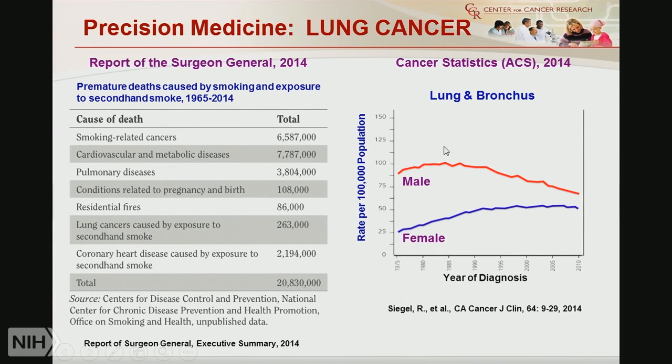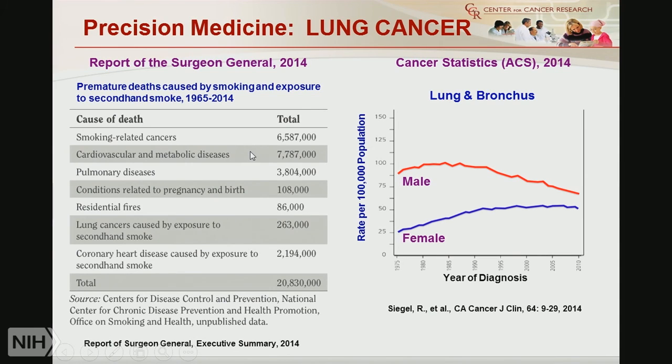So let's end up with focusing on really an important clinical problem, and that's lung cancer and lung cancer screening. So this is another one of these Surgeon General reports that a number of us contributed to. And this was 50 years after the first Surgeon General report.